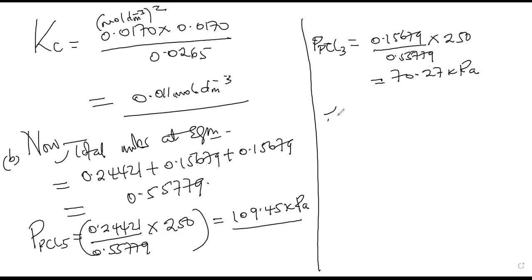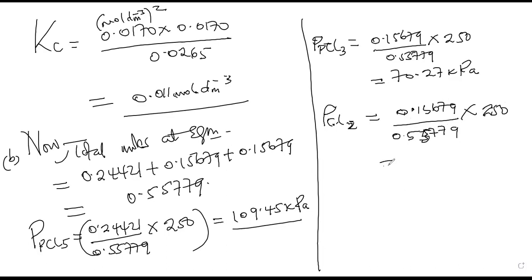Then partial pressure of chlorine is equal to moles of chlorine, that is 0.15679 over total 0.55779 times total 250. So this is going to be equal to 70.27 kilopascals.